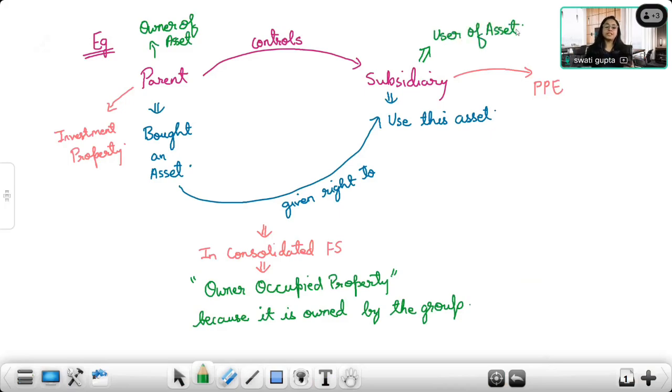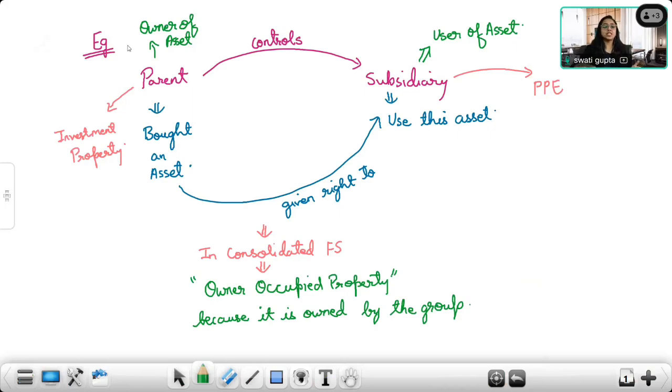Instead of identifying parent and subsidiary, understand that one party is the owner of the asset, whereas the other party is the user of the asset. They have the ROU asset, the right to use the asset. The owner of the asset has no intention to use it.